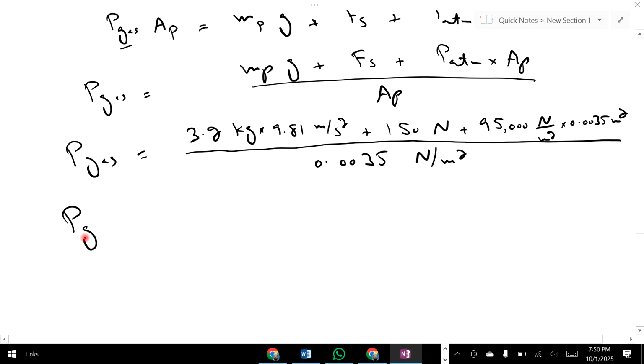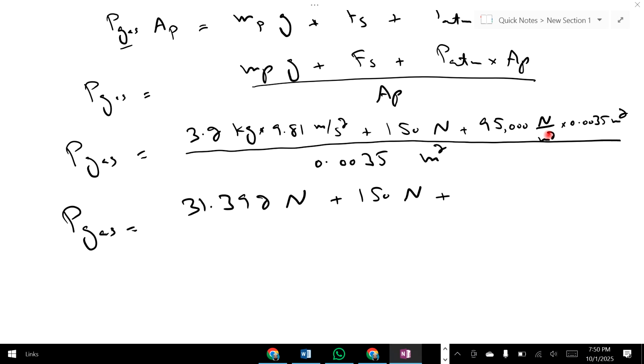So pressure of gas which is required is 3.2 multiplied by 9.81, equal to 31.392 kilogram meter per square second, which is equal to Newton, plus 150 Newton, plus 95,000 multiplied by 0.0035, which is equal to 332.5.